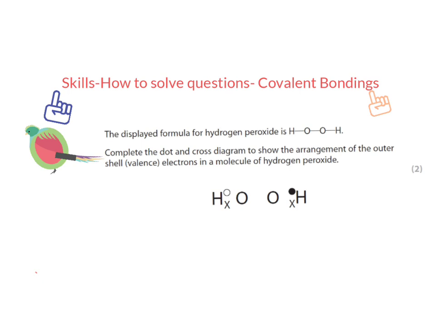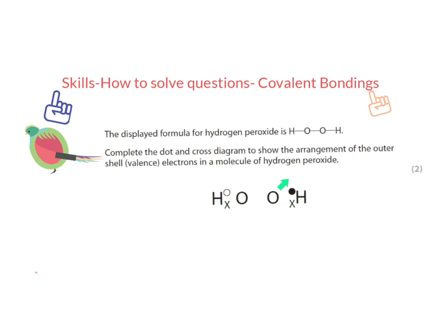Okay, dear. Here you can see a question which says the displayed formula of hydrogen peroxide is given, and you need to complete the dot and cross diagram, right? So the crosses and dots are given.